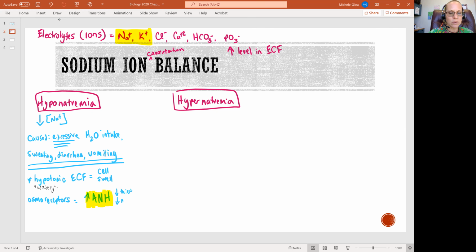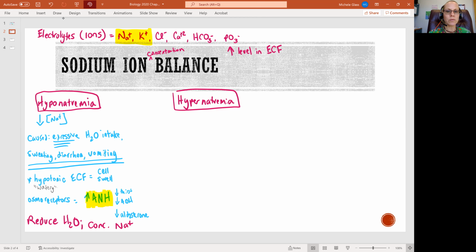We're going to get a decrease in the release of the antidiuretic hormone, and we're going to get a decrease in the release of aldosterone. And so essentially what we're doing in this case, we're going to reduce our water, which is going to concentrate our sodium ion. And it's bringing it back up to normal.